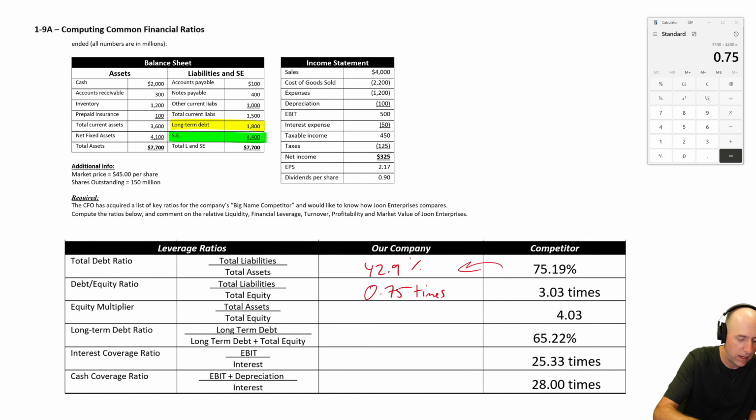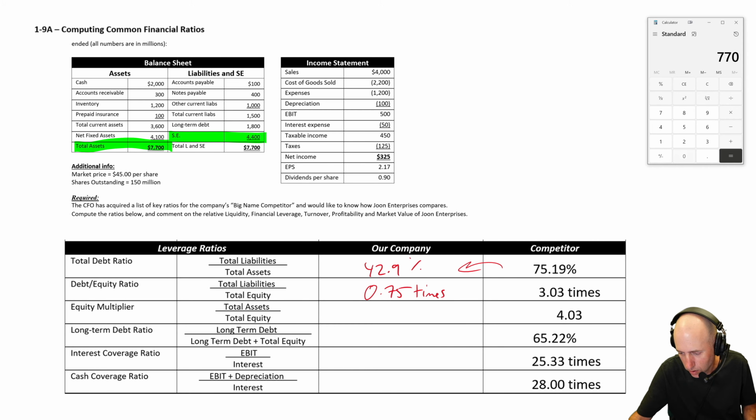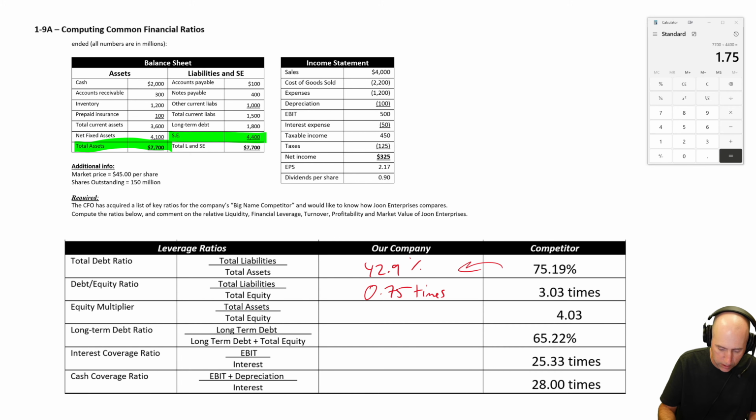Equity multiplier, another measure of leverage. Total assets divided by equity. So here is our total assets, 7.7 million divided by 4.4 million. And we get 1.75. Now you're going to notice something, and you'll see this if you do the B version of the problem, and if you continue on this chapter in future questions.